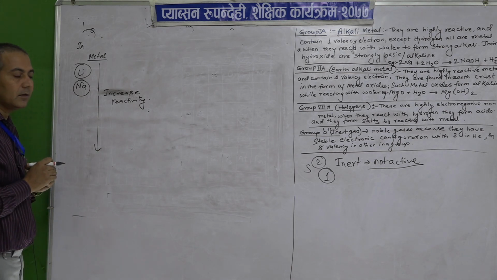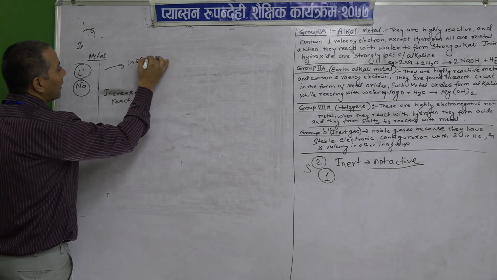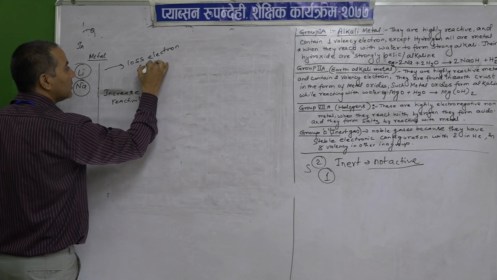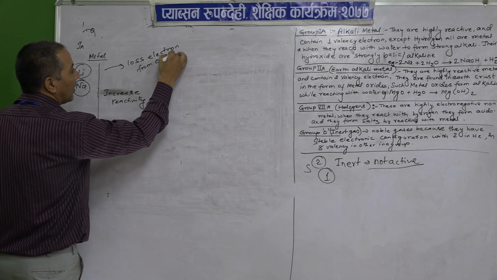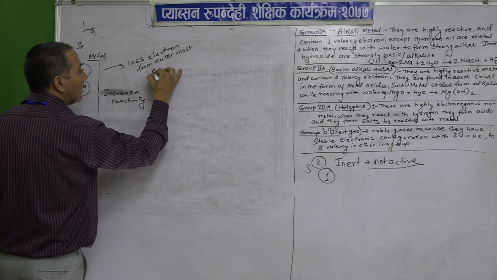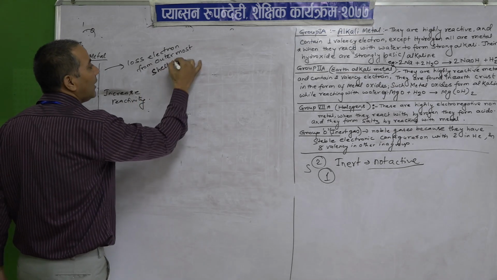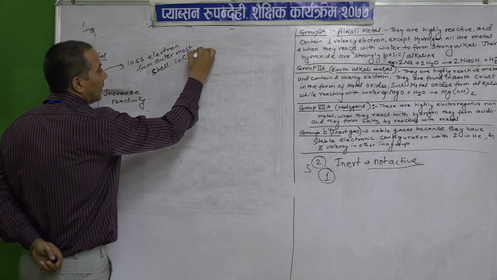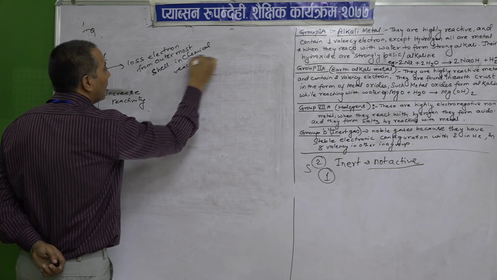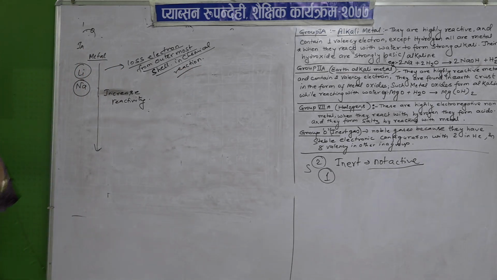What is the reason? Because metals lose electrons from the outermost shell in chemical reactions.